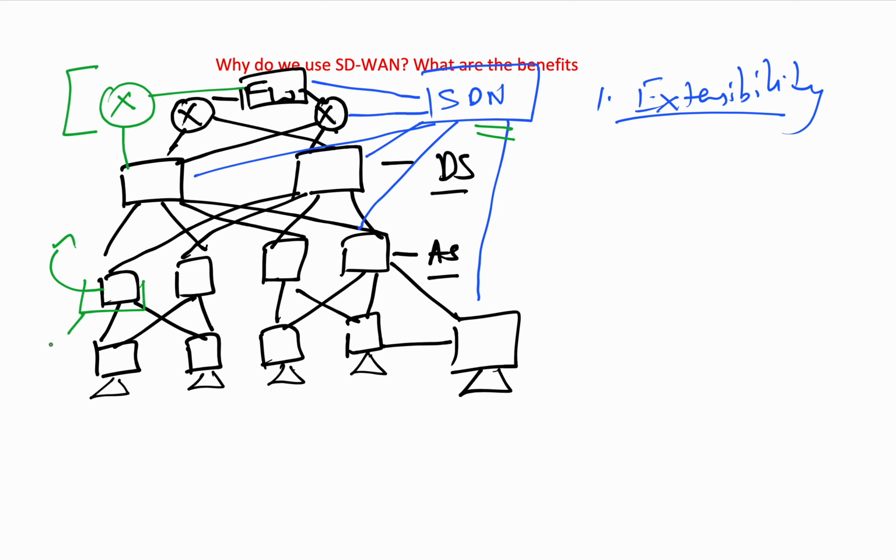So you just have to put minimal configuration here. What is the minimal configuration? You just have to give it an IP address and make sure it gets mapped to the SDN controller, so it knows the SDN controller. Once it is able to reach the SDN controller, there will be a connection between the end device and the SDN.